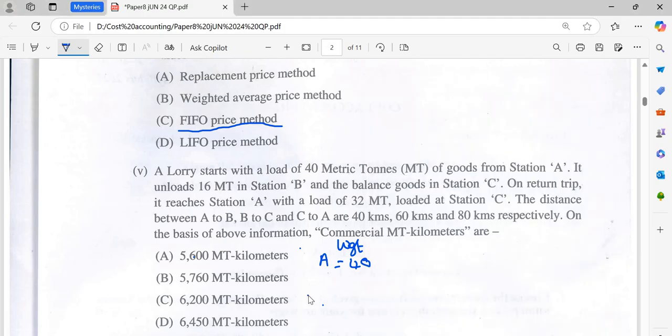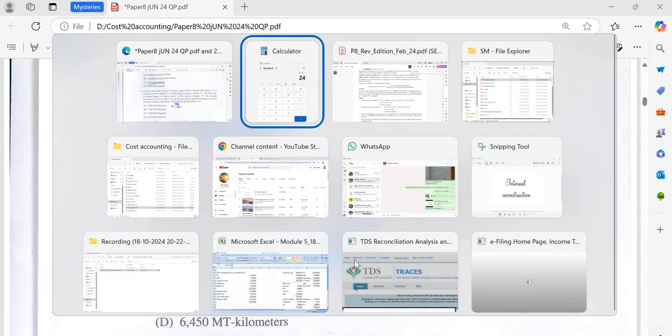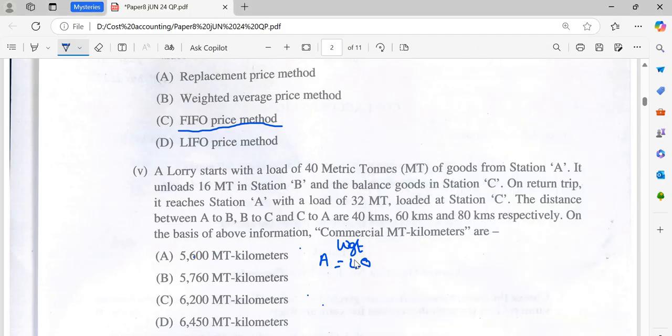Again I am loading a weight of 32 at station C. So plus 32. So the average weight will be divided by 3.